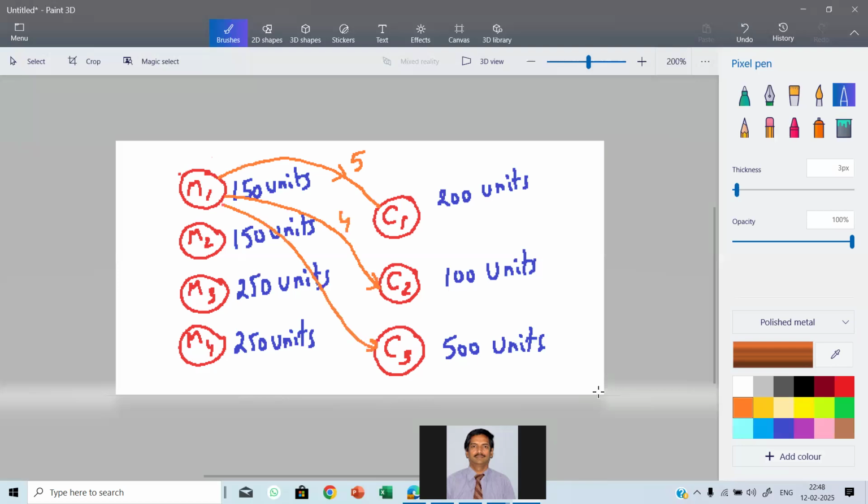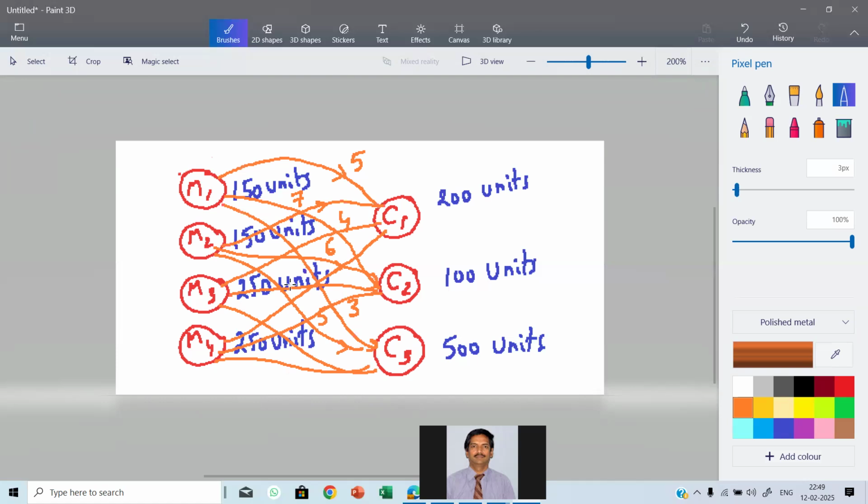M1 to C3, it is 3 rupees. M2 to C1, it may be 7 rupees. M2 to C2, 6 rupees. M2 to C3, 5 rupees. Like this, M3 to C1, C2, C3, and M4 to C1, C2, C3. Like this, I have a matrix of values between M1, M2, M3, M4 and C1, C2, C3.